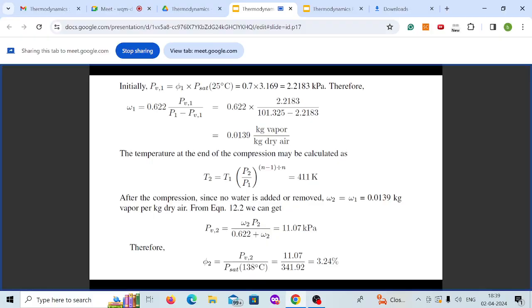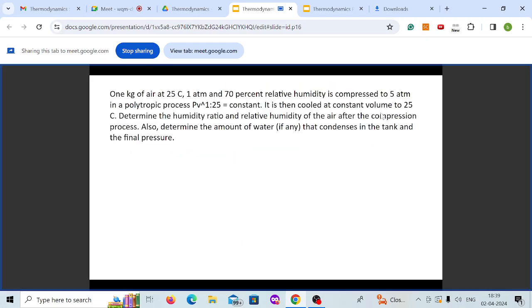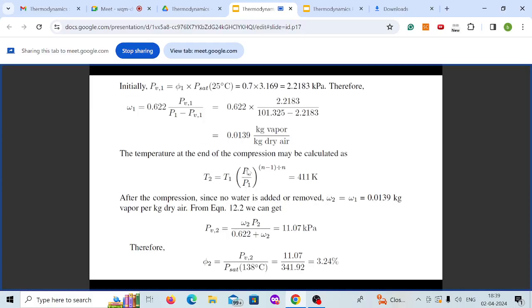So T2 is T1 into your pressure ratio to the power n minus 1 by n. Pressure ratio is 5 atmosphere divided by 1 atmosphere, so your pressure ratio is 5. Initial temperature is 273 plus 25. So this gives you your temperature at the end of compression as 411 Kelvin.